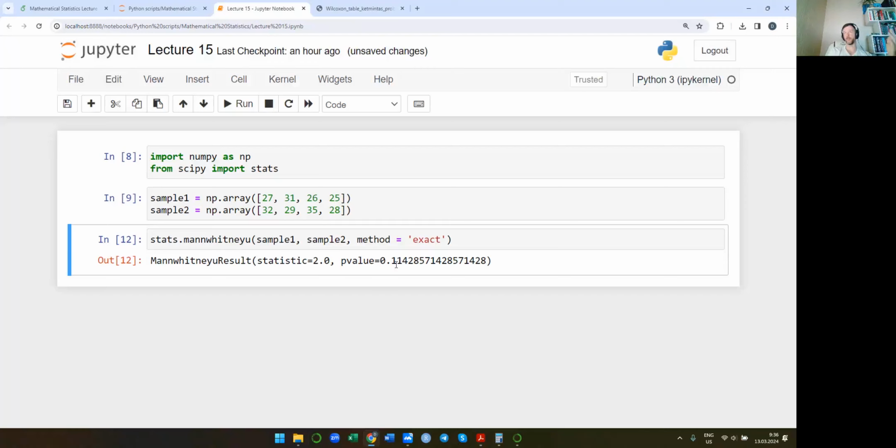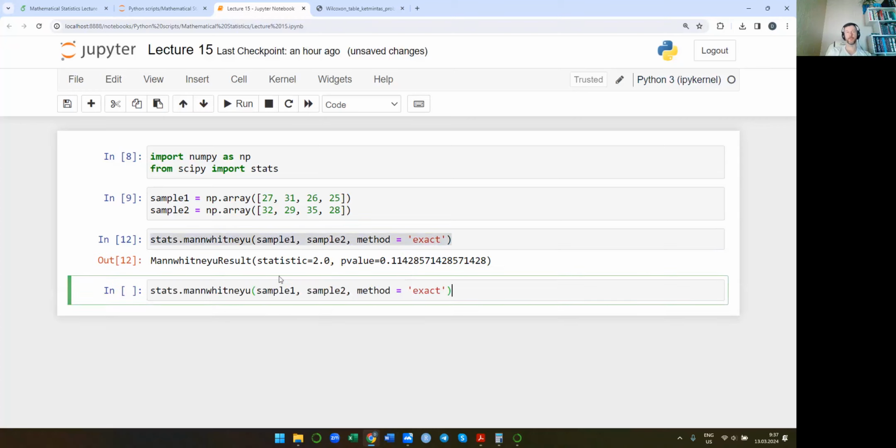You know from parametric statistics that the p-value is very nice to interpret, because if the p-value is greater than 5%, we cannot reject the null hypothesis at the 5% level of significance. Basically, that's all.